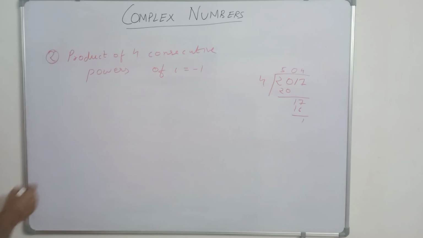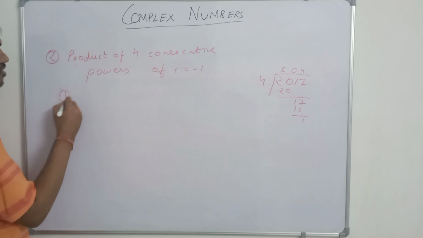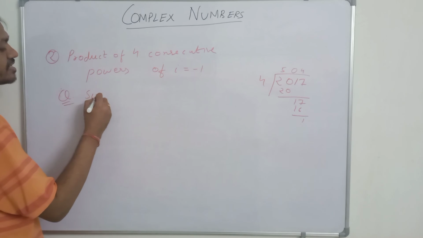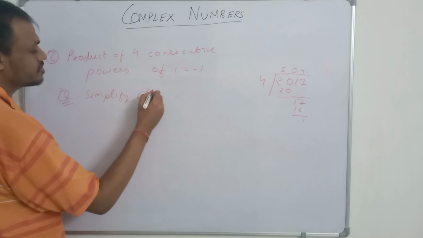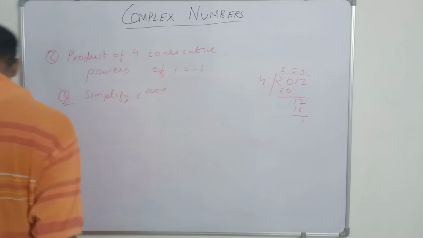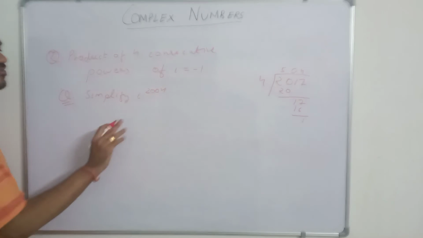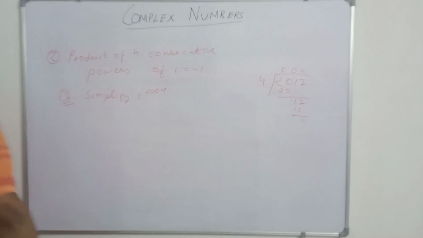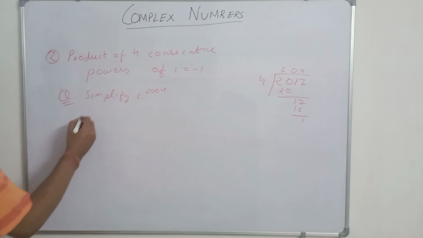Now there is a very important question: simplify iota to the power of 2004. This number is easily divisible by 4.